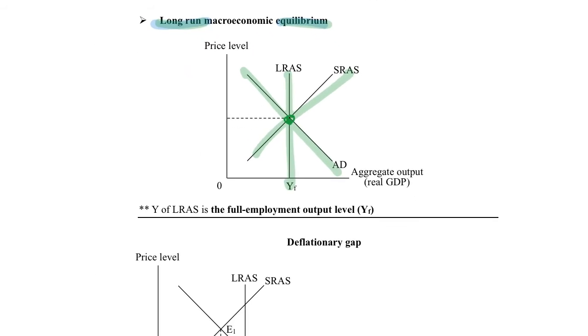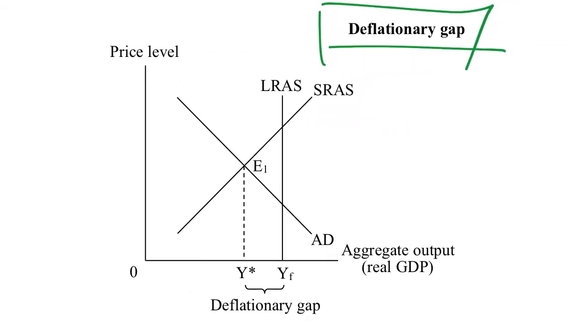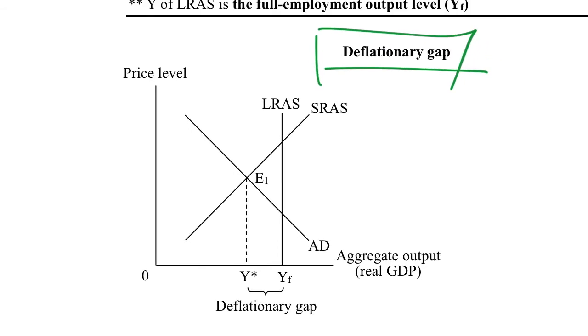So that is the long run equilibrium, and we have an intersection at the middle. Now after we know about the equilibrium, we have to find the disequilibrium, which is not in equilibrium. There are two situations, we call them the deflationary gap and the inflationary gap. It's similar to microeconomics, where we have overproduction and underproduction. Actually the same thing, but because this time we're talking about macroeconomics, we have another name. Deflationary gap means our output level is not enough.